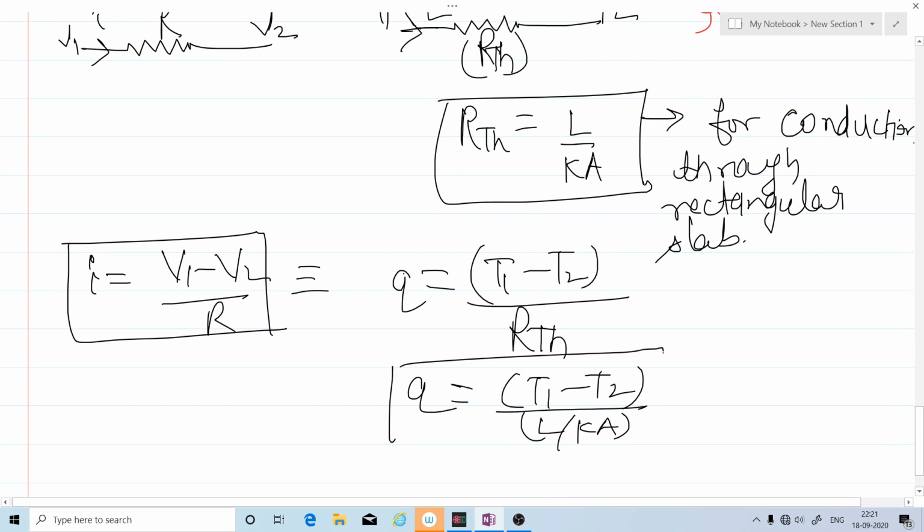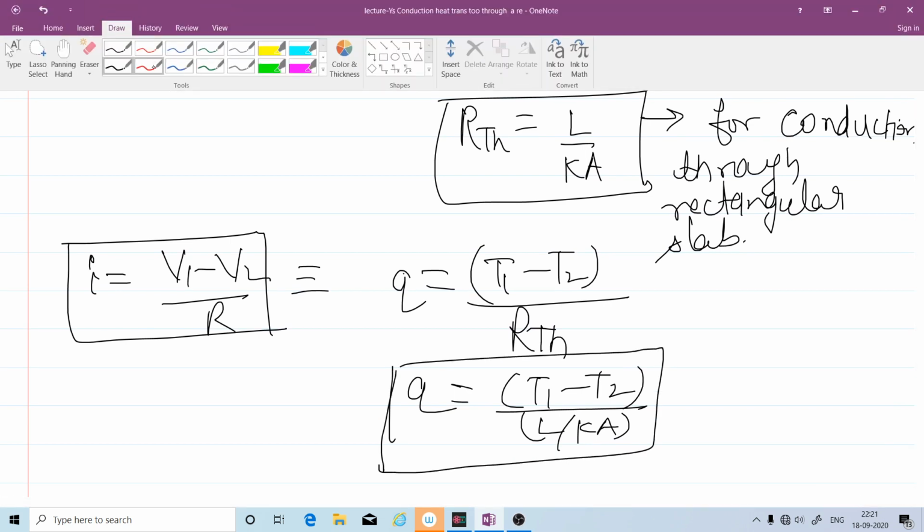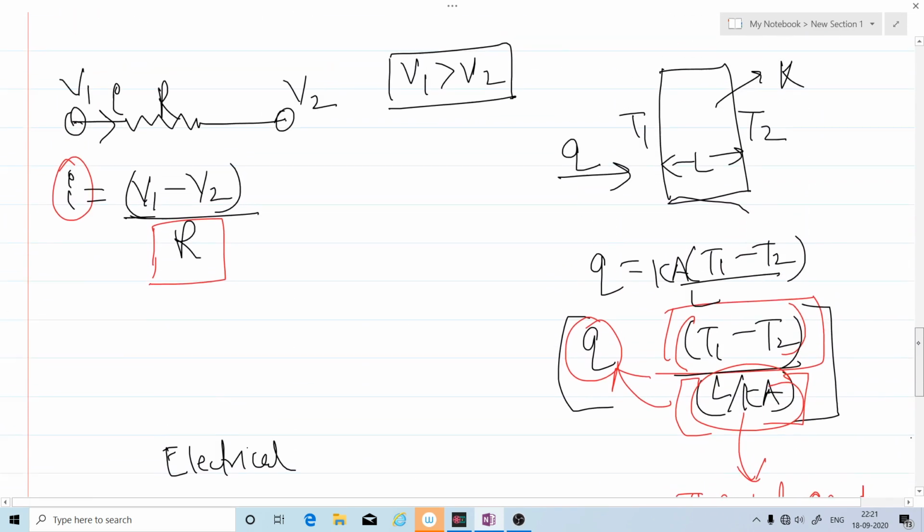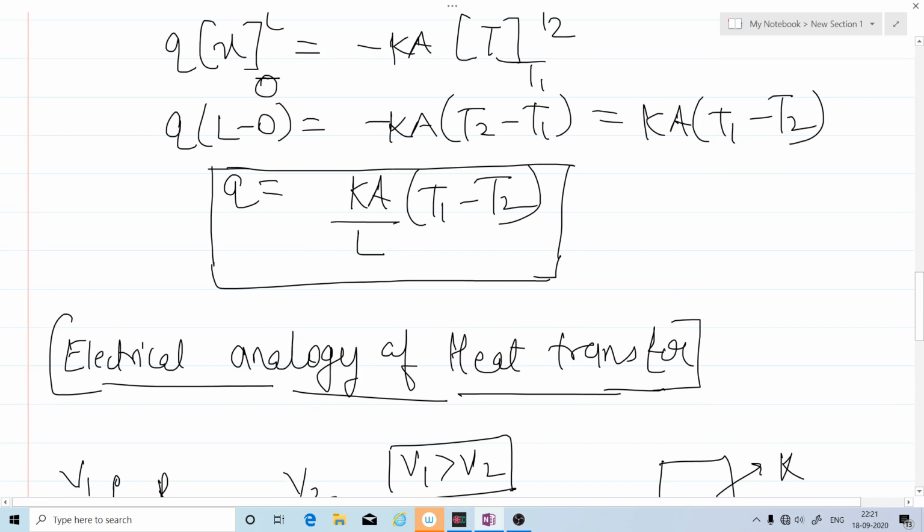We can see this similar relation in our analysis.